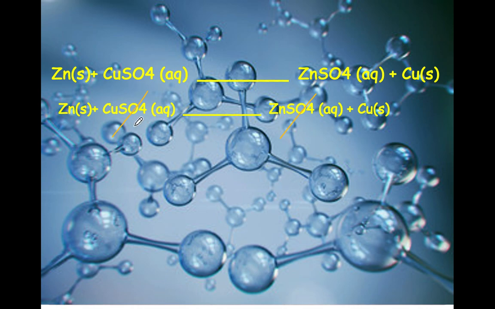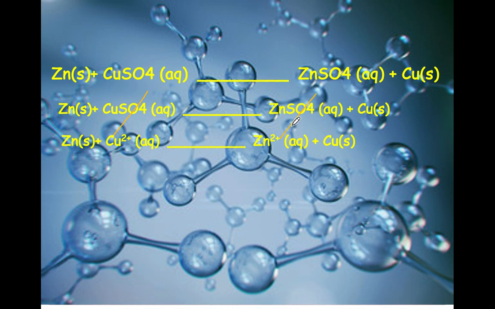So the ionic equation, after dismissing the sulfate, which is aqueous in the reactants and aqueous in the product, what is left to write is zinc in the solid state plus copper. The ion of copper is 2 positive, and it is in the aqueous state. We're going to write it.